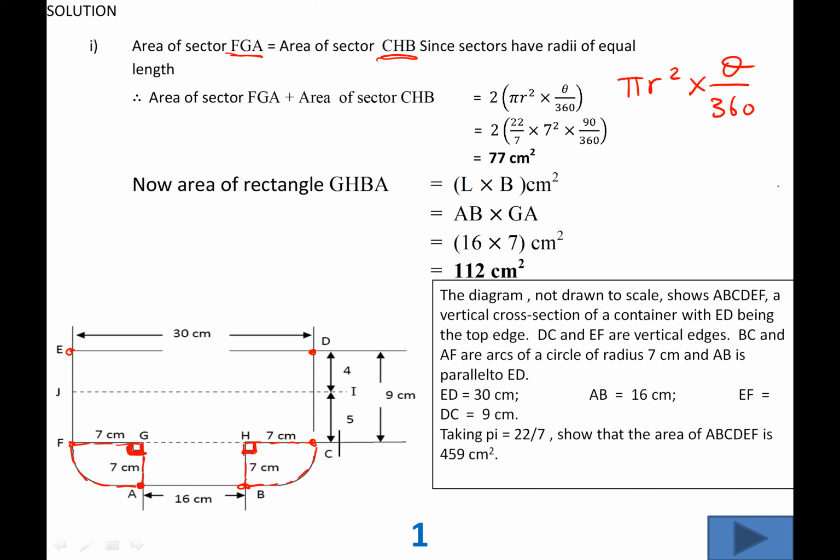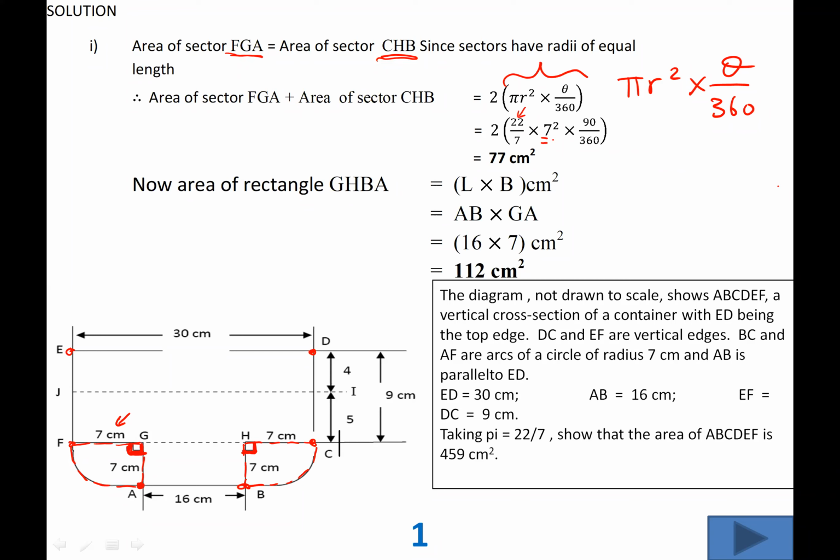So if you put that into our formula for the area of a sector, pi r squared by theta over 360, that'll be this formula here. Then pi is 22/7. R is the radius. If you look down in the corner, you'll see the radius as 7 centimeters. So that R squared will be 7 centimeters squared.